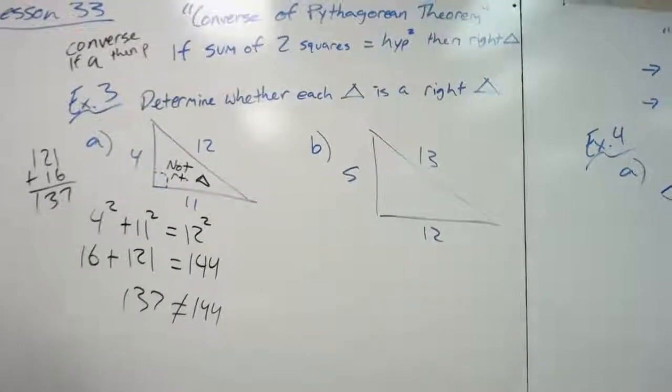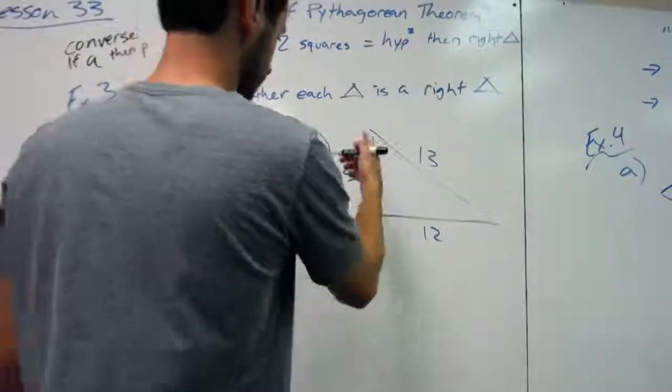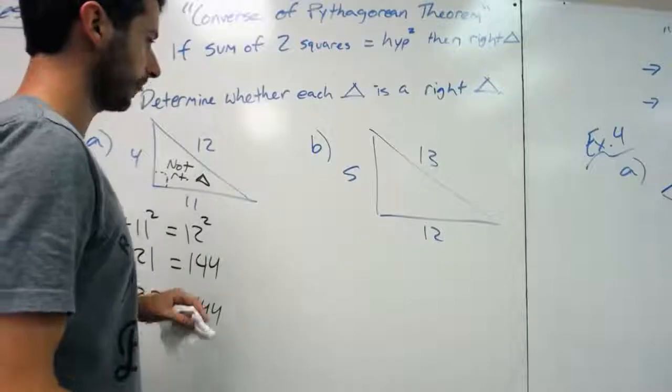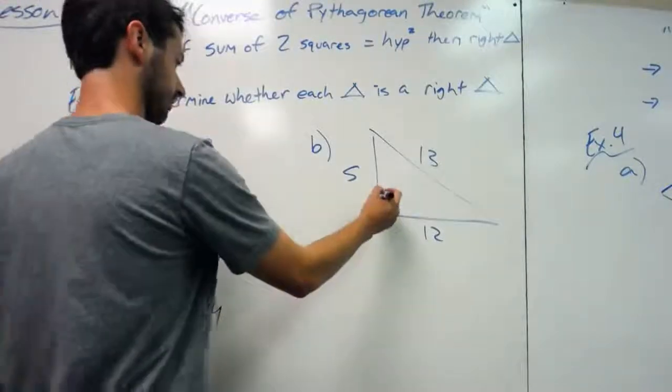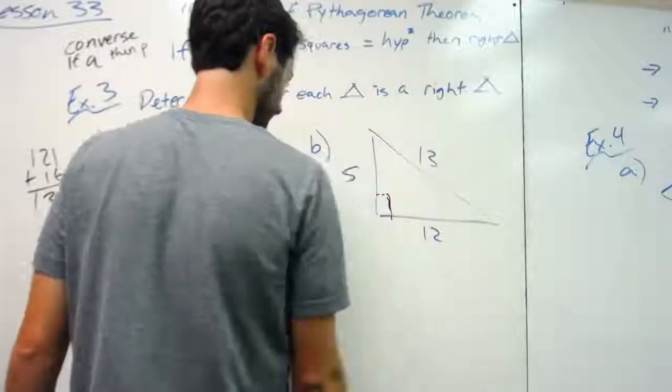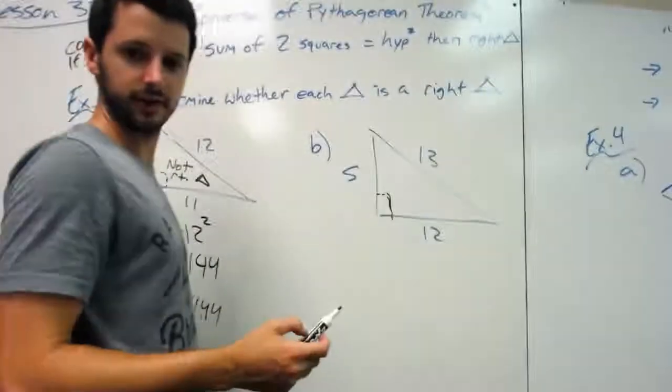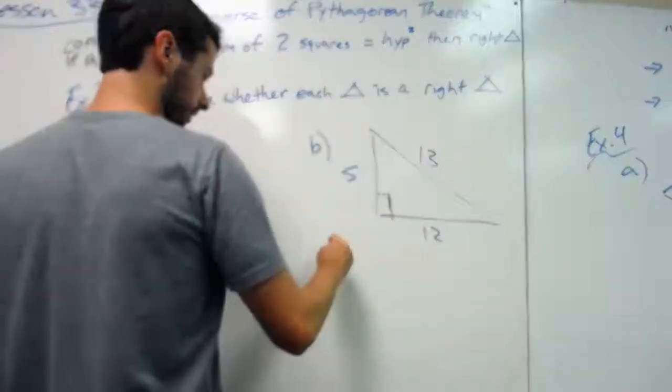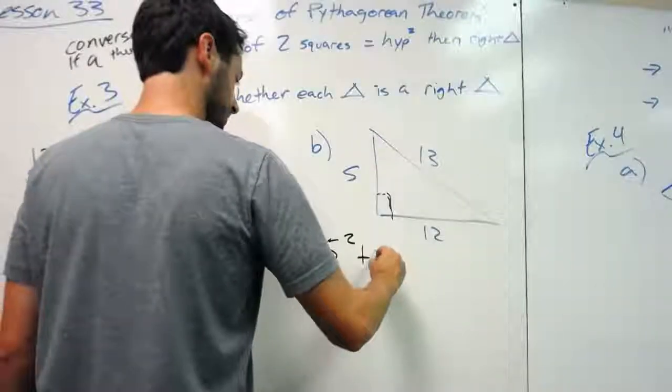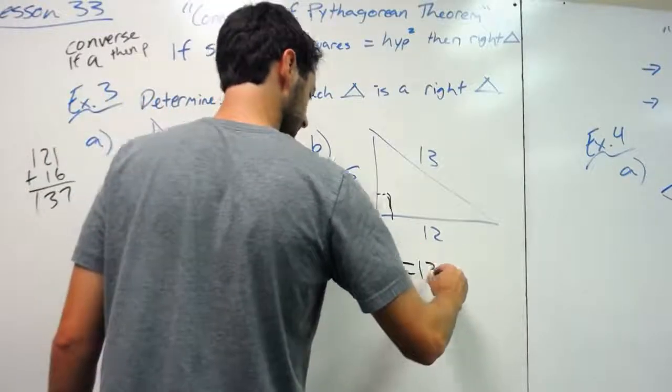Now let's look at B, and we'll try to solve and see if this is a right angle. So we take our two smallest legs, 5 squared plus 12 squared equals 13 squared.